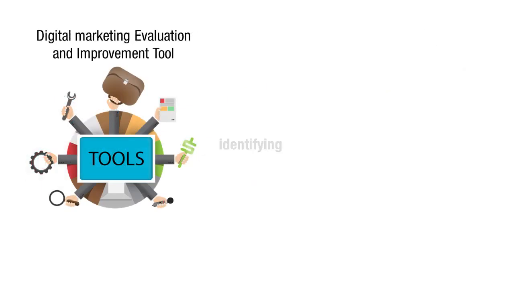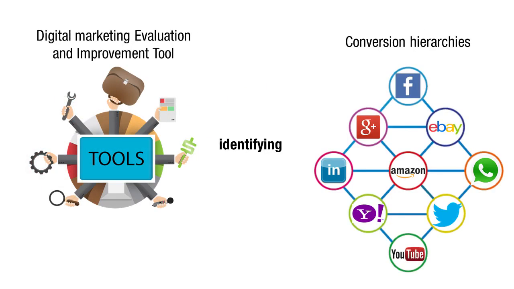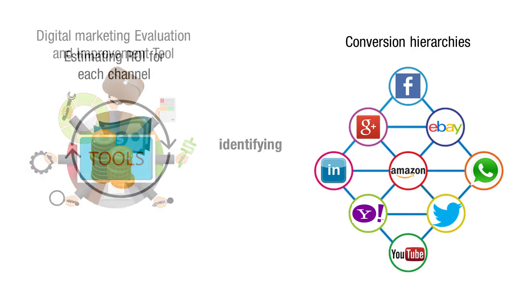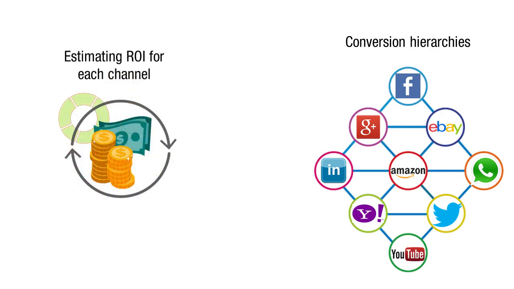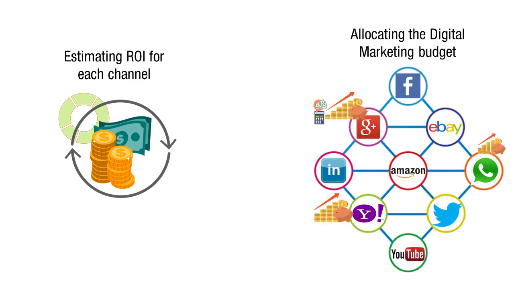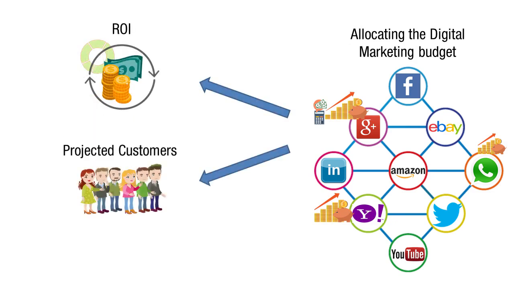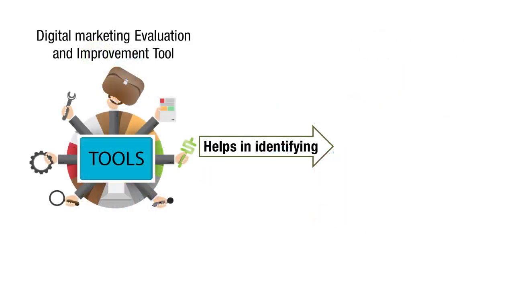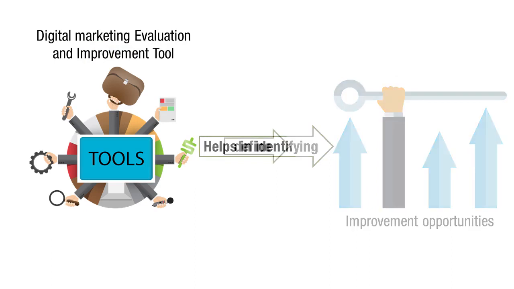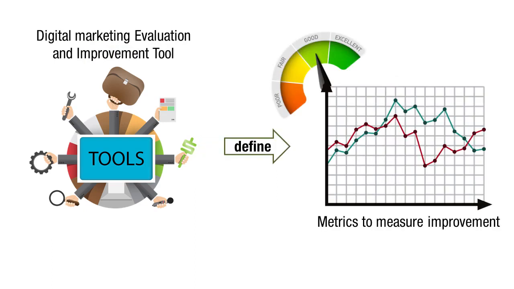This tool is used for identifying conversion hierarchies for the different channels, estimating return on investment or ROI for each channel, and then allocating the digital marketing budget among those channels based on both ROI and the number of projected customers from each channel. The tool further helps in identifying improvement opportunities and defines metrics to measure improvement activities. Each of these steps is explained in detail.